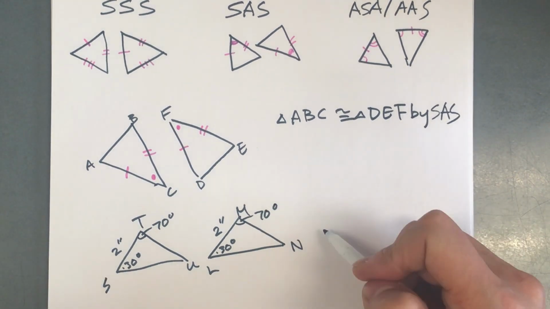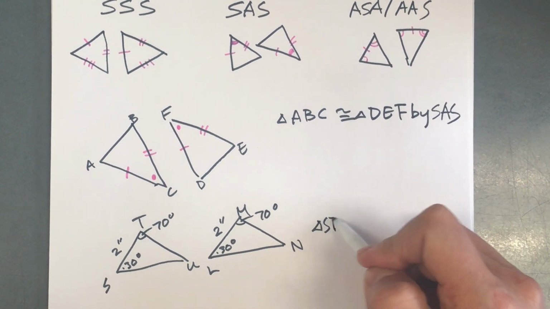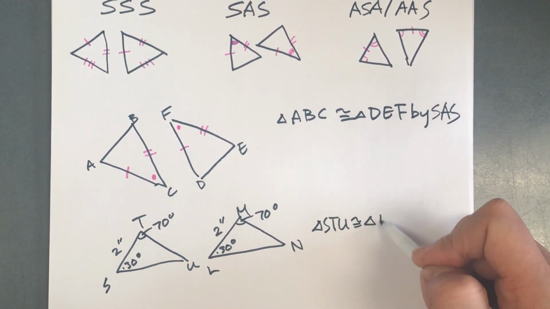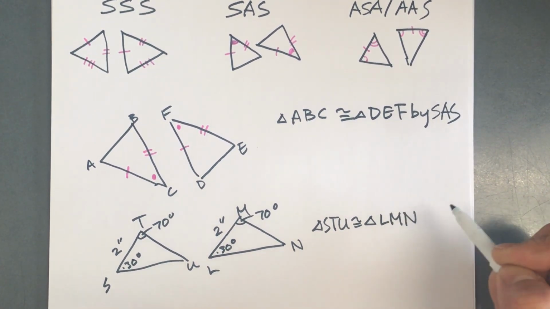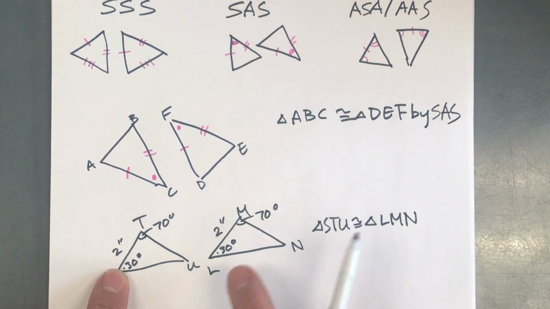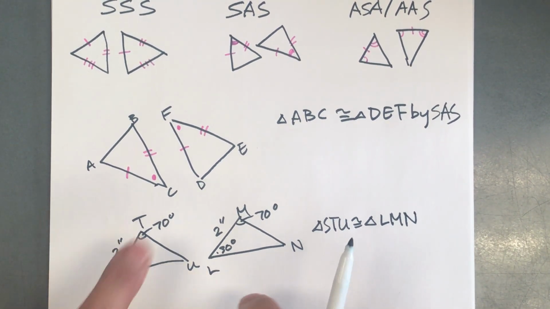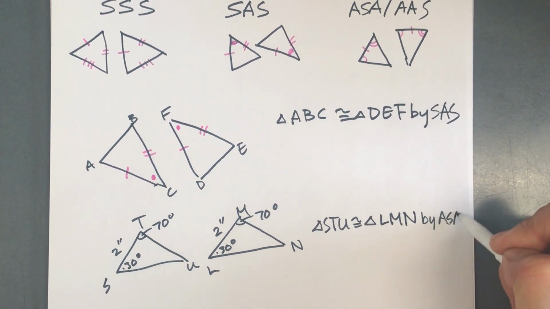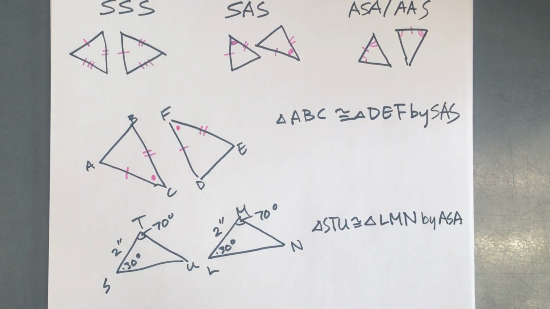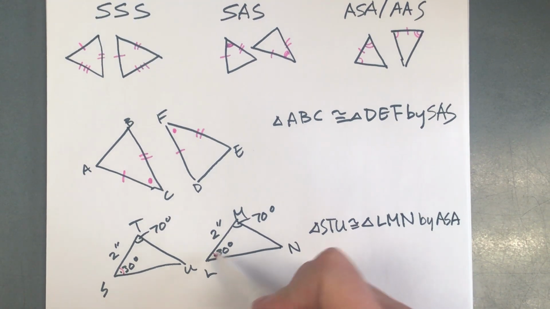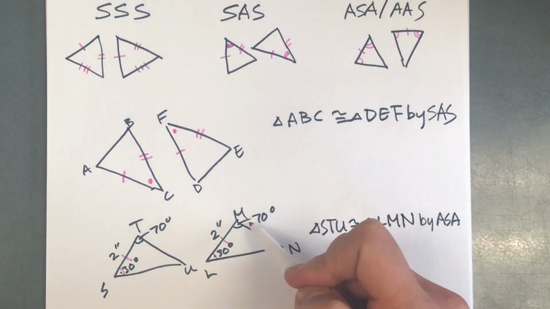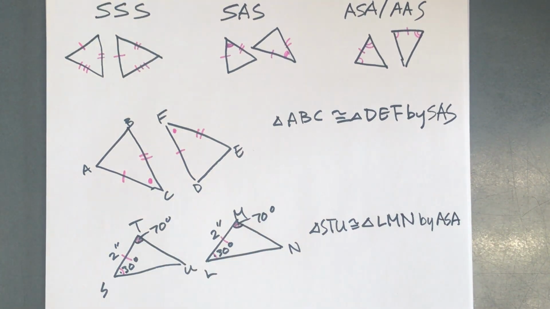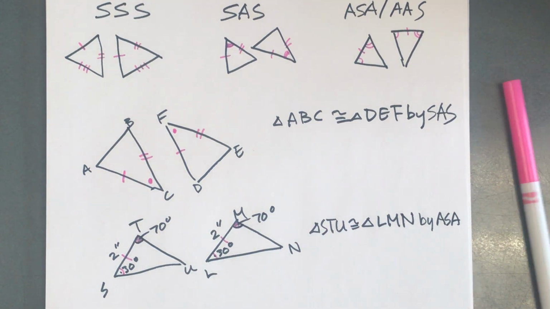We can also say these two triangles, STU is congruent to triangle LMN, because we have the same angle, side, angle. So by angle, side, angle: here's the angle right here, corresponding angles, here's the side, and here's another angle. So we can tell these two triangles are congruent.